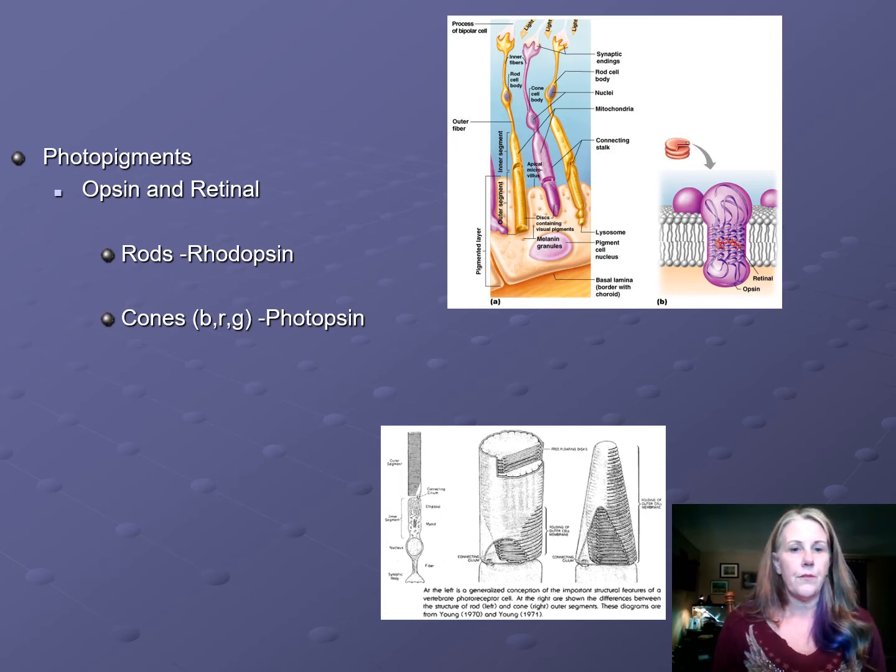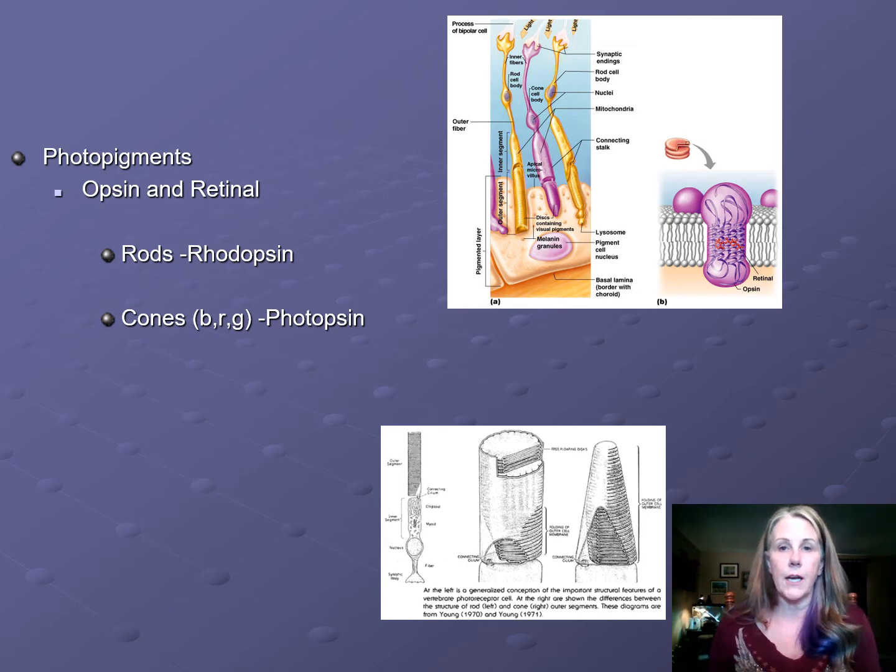Now, the photopigments, there's two major parts to the photopigment. There is a molecule known as an opsin, and there's various types of opsins. And then there's another molecule that's called retinol with an A. So retinol with an A. And retinol is a vitamin A derivative.